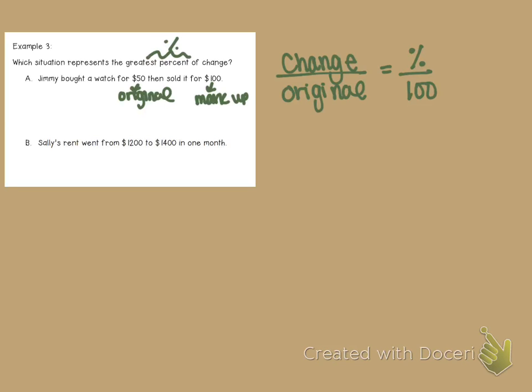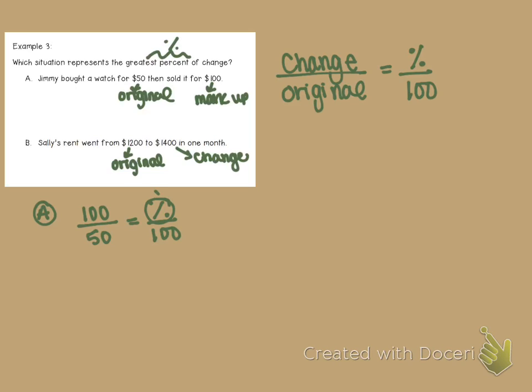Or is it Sally's rent that went from $1,200, which is the original, to $1,400, which is the change. So, proportion A, Jimmy's watch, 100 is the change, over 50 is the original, equals the percent over 100. Remember, percent is your x, so that's 50 times x equals 100 times 100.